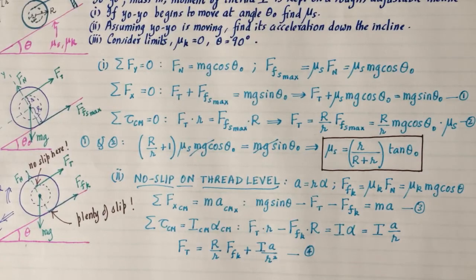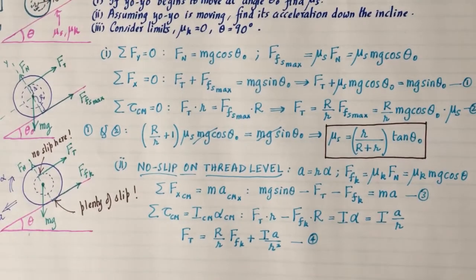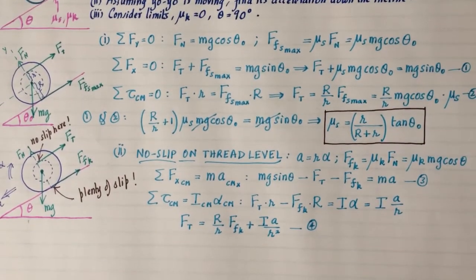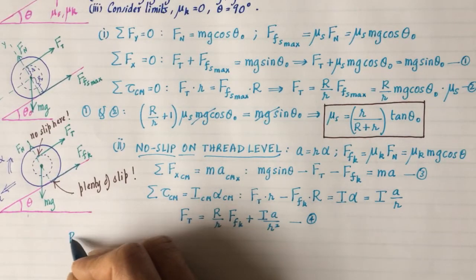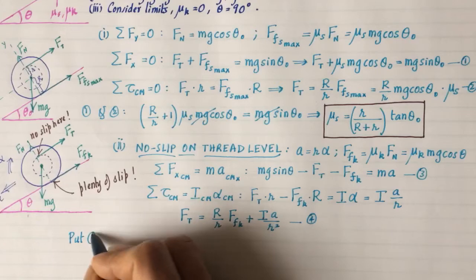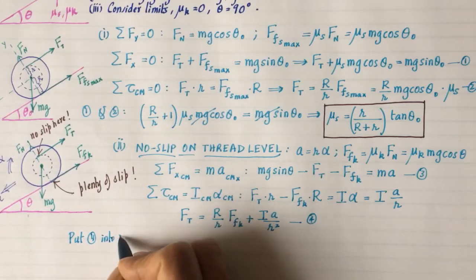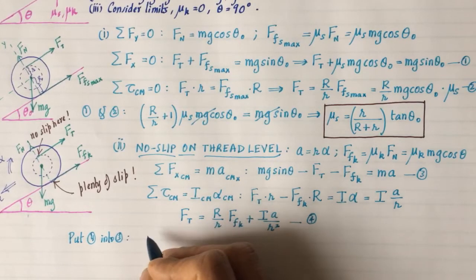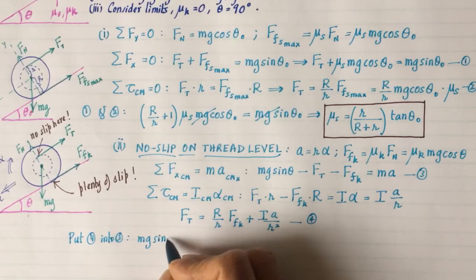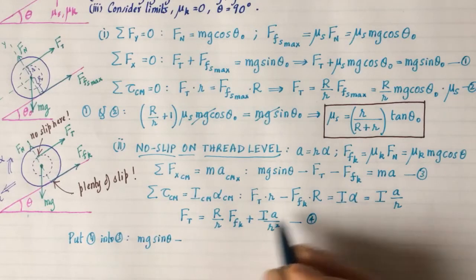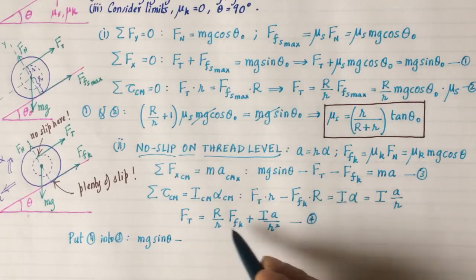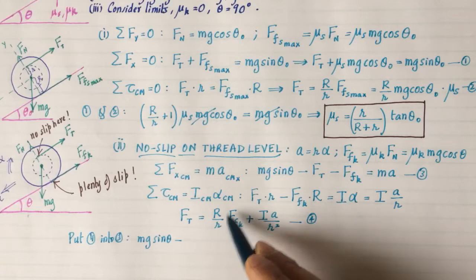What I'm going to now do is substitute equation 4 into equation 3. So I'm going to get mg sine theta minus, there is a term Ft there and there's Ft here, which involves ffk.